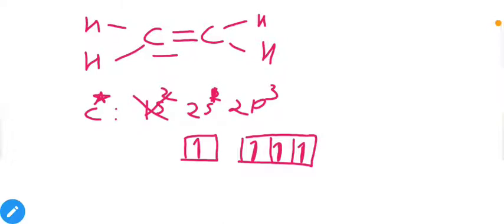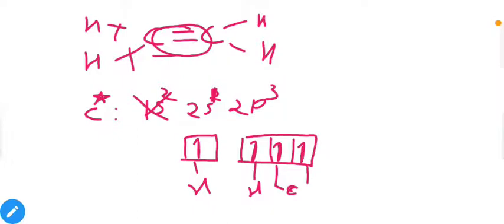So this carbon will share one electron with the first hydrogen, one with the second hydrogen, and then it has a double bond with the second carbon. With the second carbon it will form a double bond like this, and all of them will provide one electron to each bond formation, something like this.